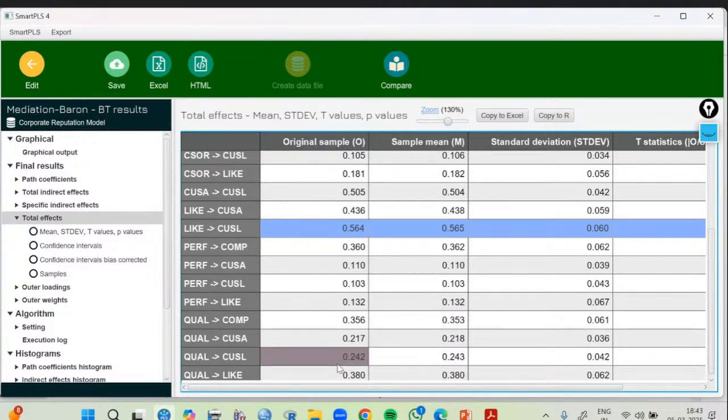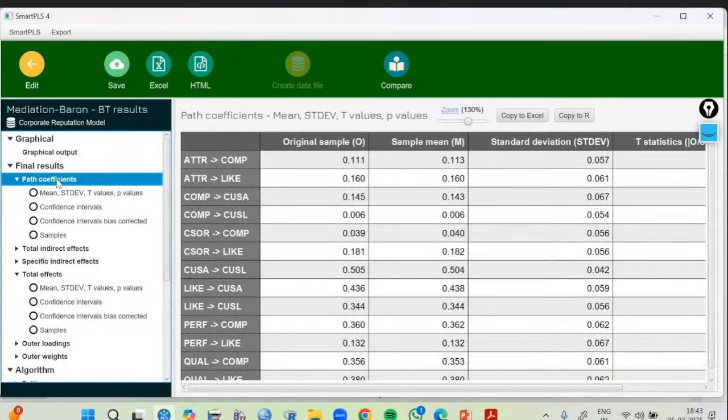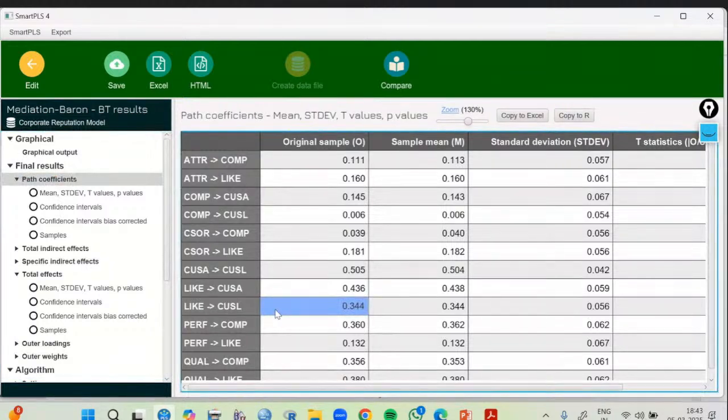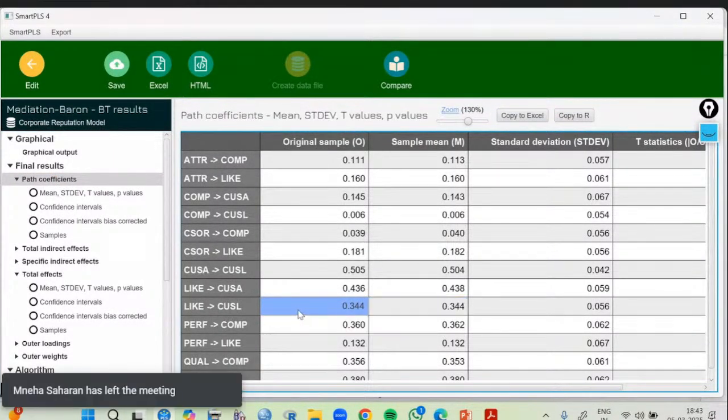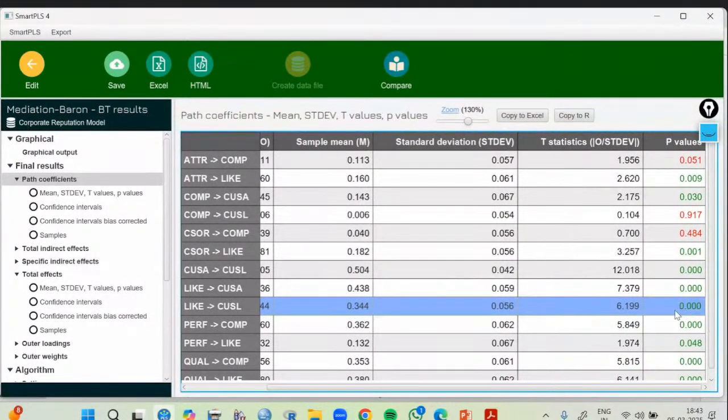Whether this total effect is significant or not, this is significant. But we will check the direct effect and indirect effect. The path coefficient tells us about the direct effect, so the direct effect is 0.344. Whether it is significant or not, we will check through the p value, and the p value is less than 0.05. It means the direct effect is significant.